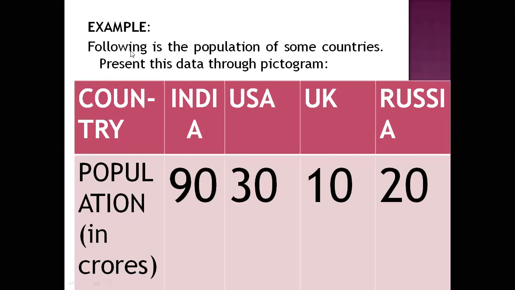Now coming to an example. The example question is: following is the population of some countries. Present this data through pictogram. So India, USA, UK, United Kingdom, and Russia's data is given. We will see how it goes.